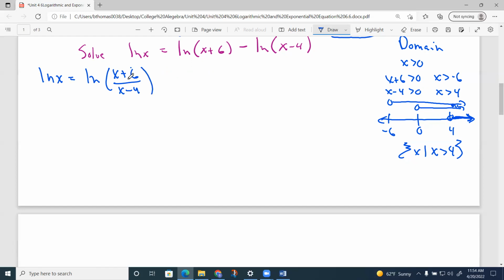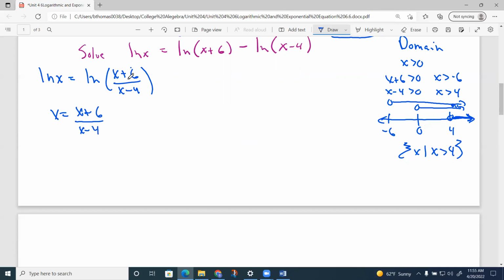Now, since we have the natural log on both sides, all we got to do is set what we're taking the natural log of equal to each other. So this allows me to write x equals x plus 6 over x minus 4.